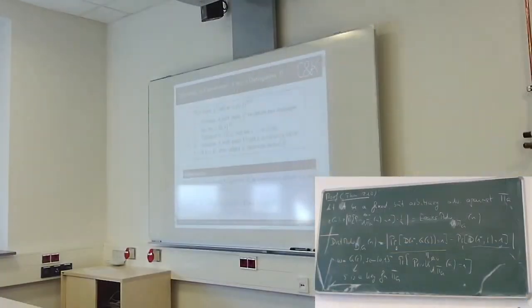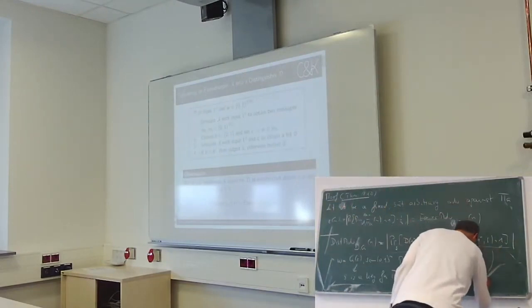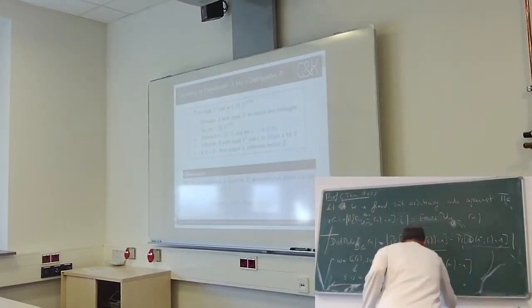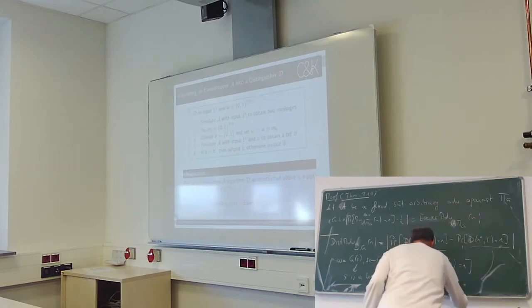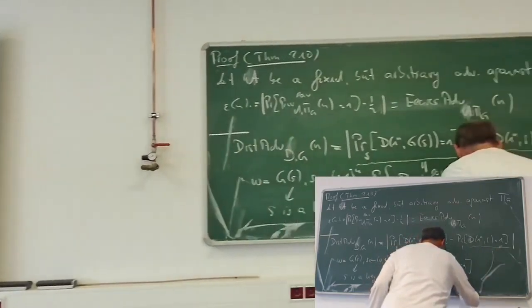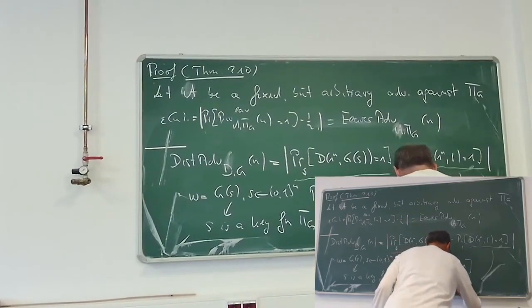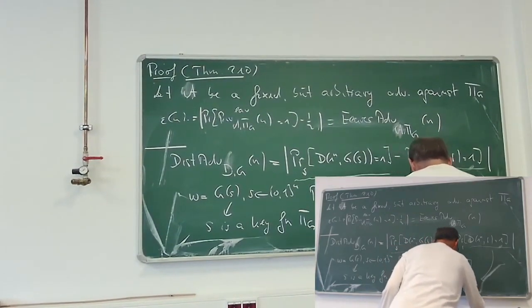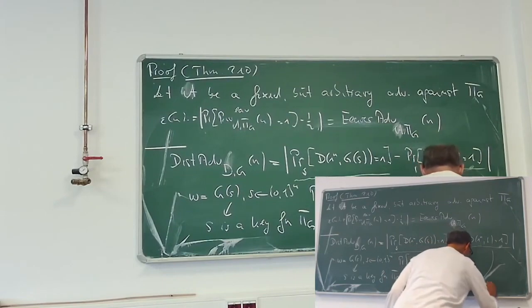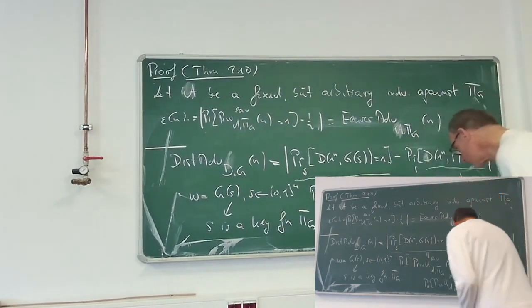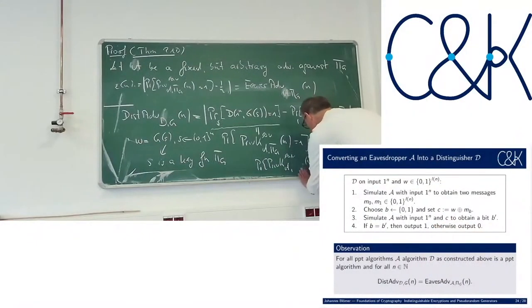So this really is the probability of winning in this game of A against the one-time pad. And this is 1/2, as we know.